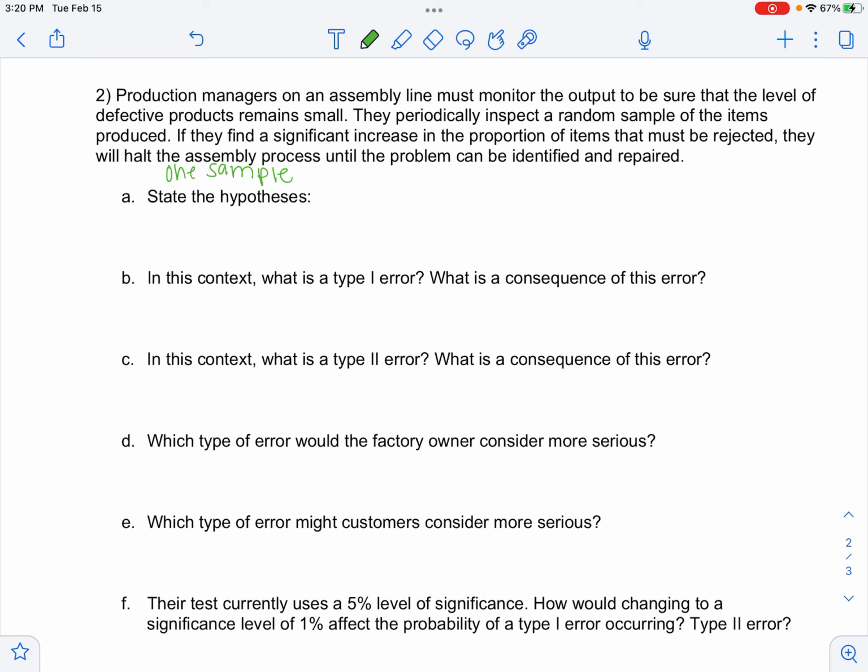Now, to state my hypotheses, the null hypothesis here, what I'm testing against, is the assumption that basically everything's fine. Like there's no issues in the assembly line, all is well. So I'm going to say that my null hypothesis is everything is fine. There's no problems in the assembly line, nothing that needs to be addressed.